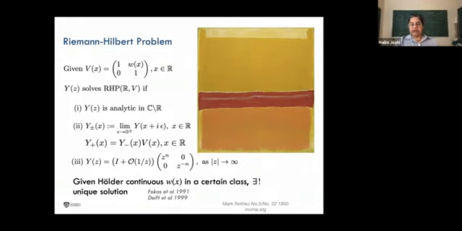So as I mentioned a little while ago, Fokas, Its, and Kitaev had studied orthogonal polynomials with the weight function W, say.